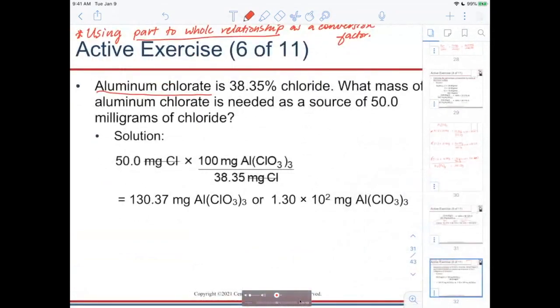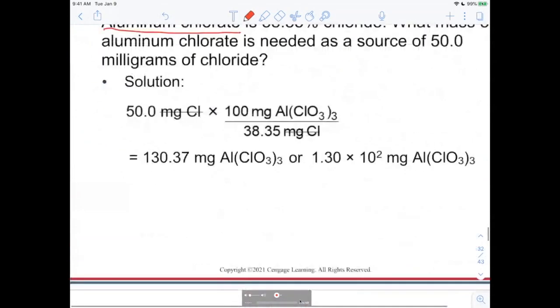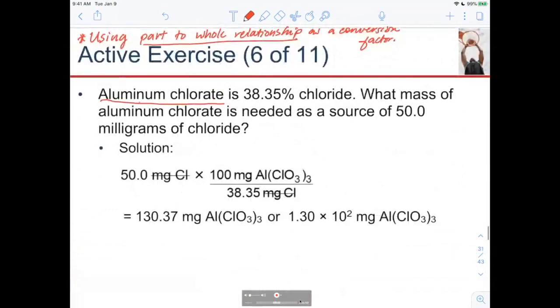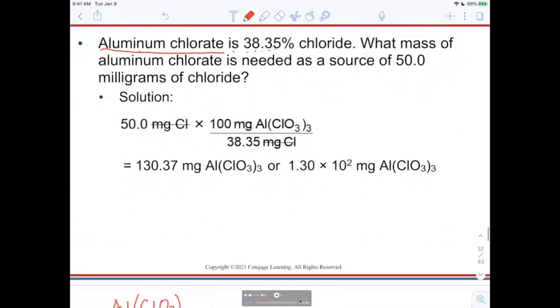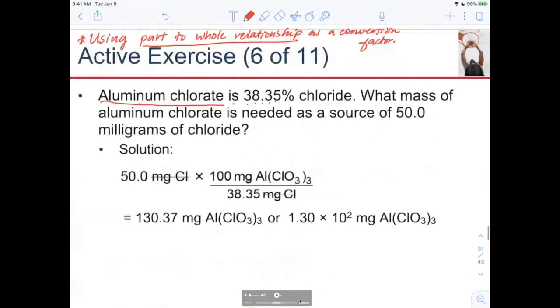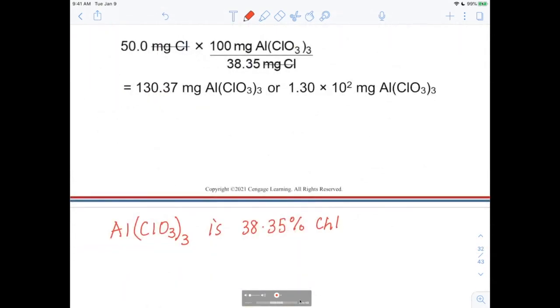Okay, let me add a page below here. And aluminum chlorate is 38.35% chloride. Chloride. Okay.